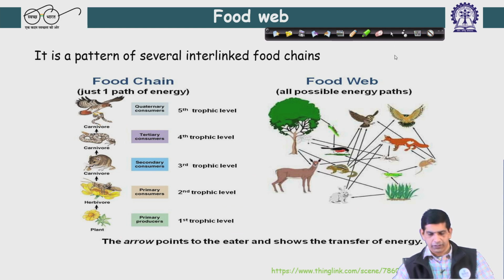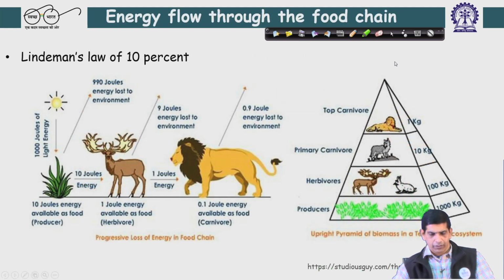Now, if you look at energy flow through the food chain, there is Lindeman's law of 10%, which says that there is a progressive loss of energy in the food chain.